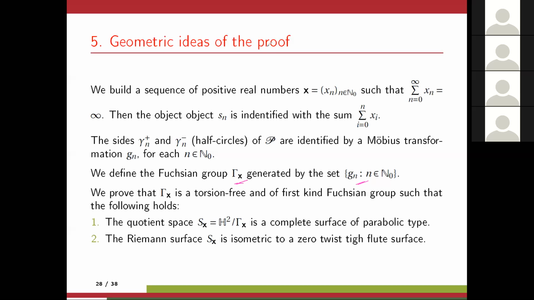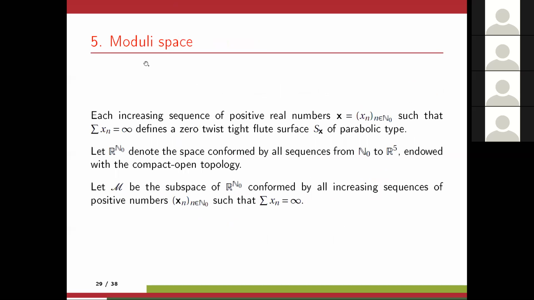Now I'm going to introduce a construction to get a Fuchsian group uniformizing the Loch Ness monster. First, I need to introduce this theorem. From the theorem, we know that each increasing sequence of positive real numbers whose series diverges defines a zero twist type flute surface of parabolic type.